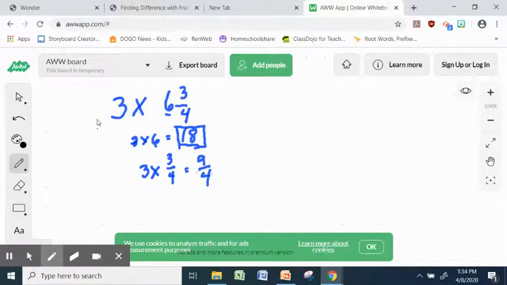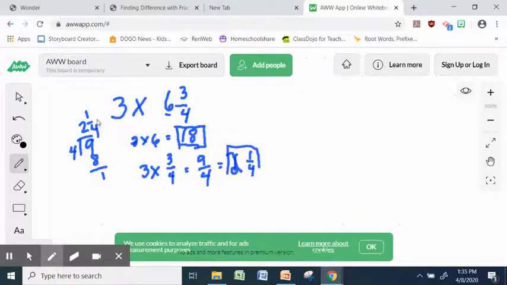Now, we all know that this is an improper fraction, so I'm going to turn that into a proper fraction. So you know what to do. 9 divided by 4 is 2 and 1/4. So my answer is 2 and 1/4.